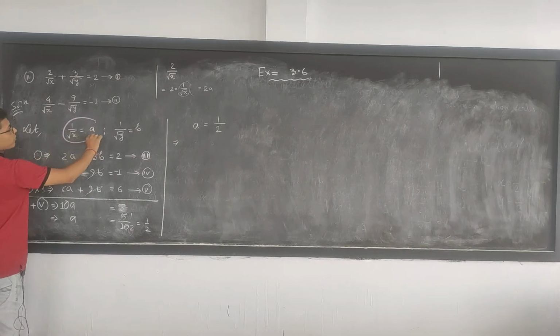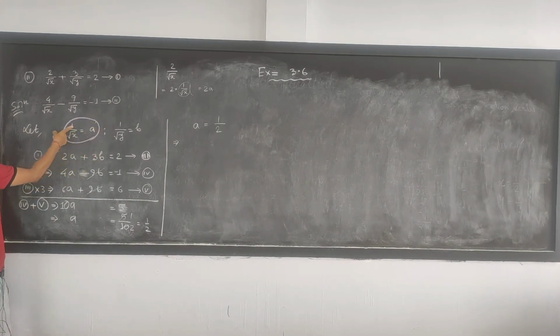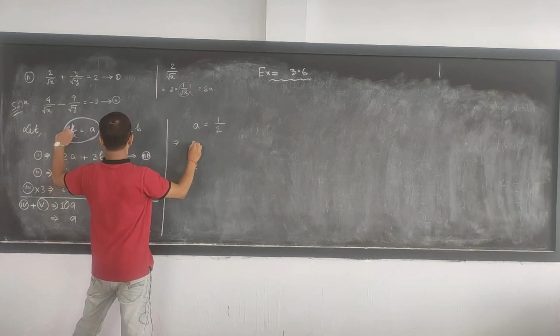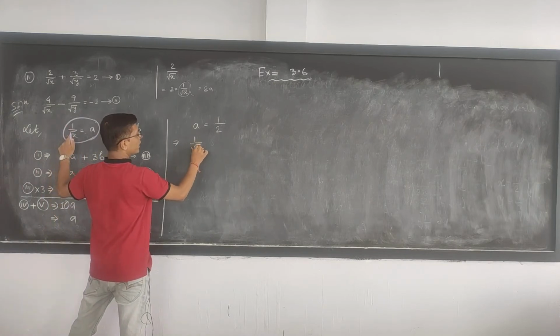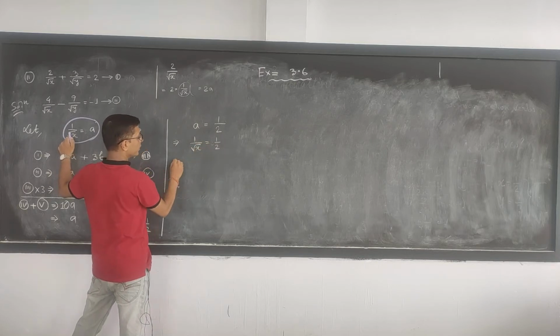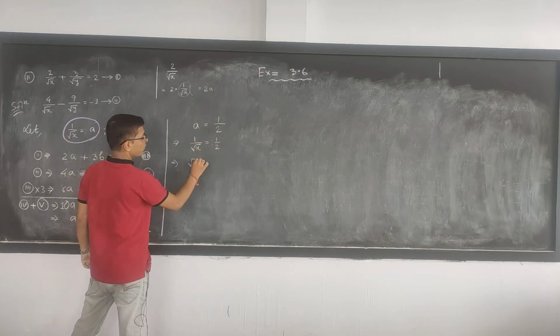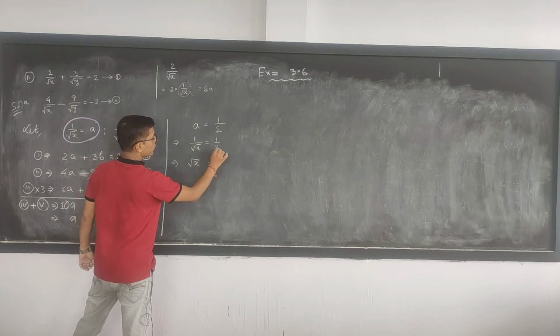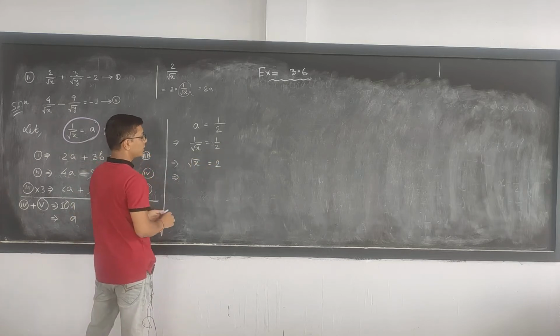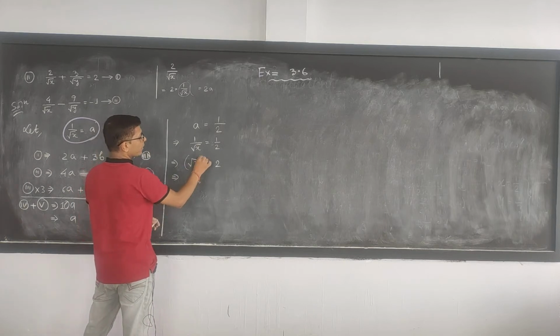So where there is a, can it be replaced by 1 by root over x? Definitely it can be. In place of a, we write 1 by root over x equals 1 by 2. Then root over x will be equal to 2. Square both sides. Squaring both sides, what will it become?